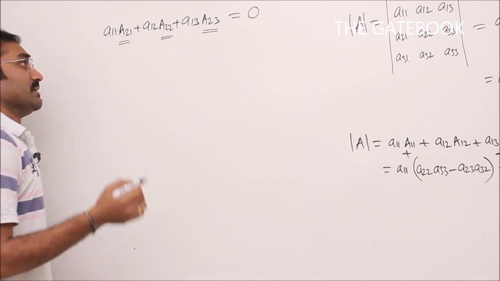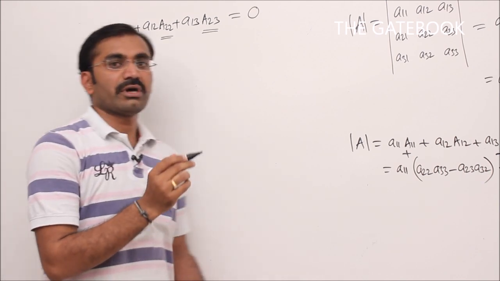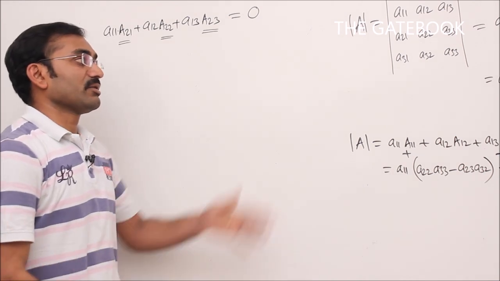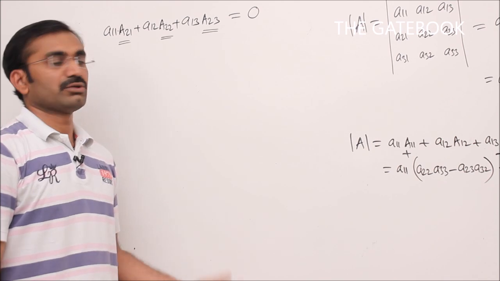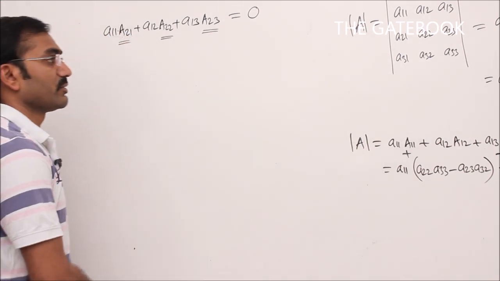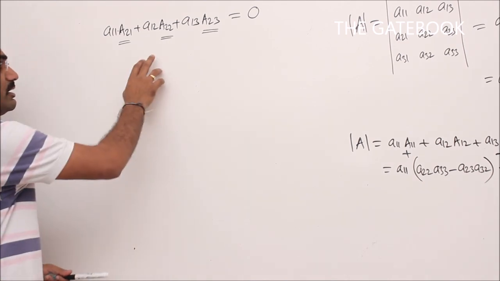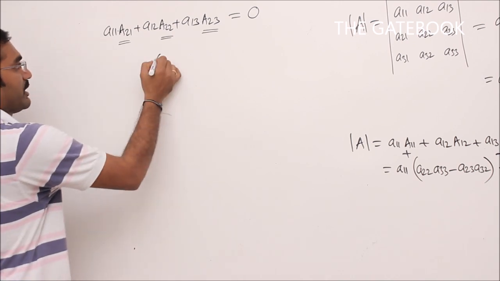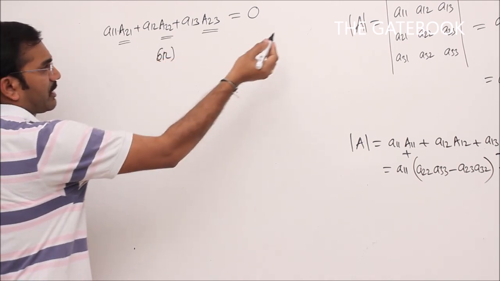That is, the sum of the products of elements of any row or any column with the cofactors of elements of any other row or column is always 0. We can take any column also.